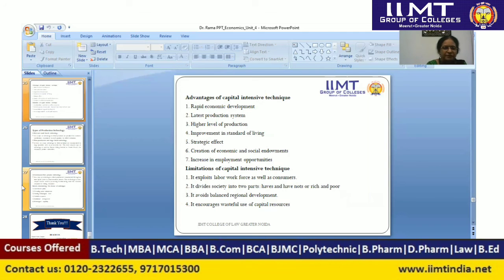The limitations of the capital intensive technique: it exploits the labor workforce as well as consumers. It divides society into two parts, the haves and have-nots, rich and poor, and it avoids balanced regional development. It includes wasteful use of capital resources.